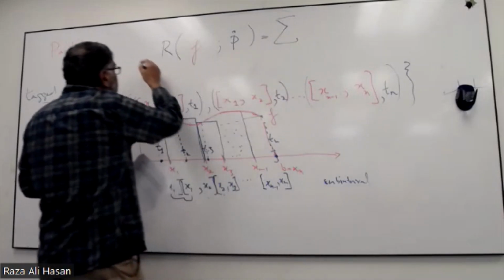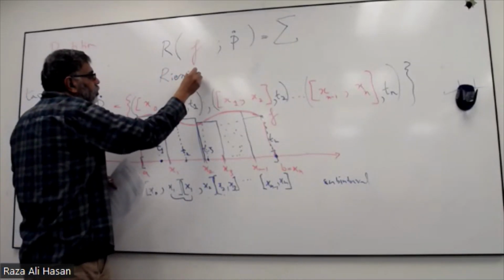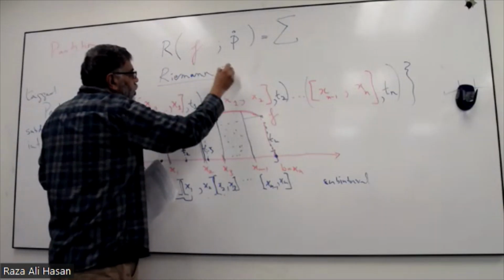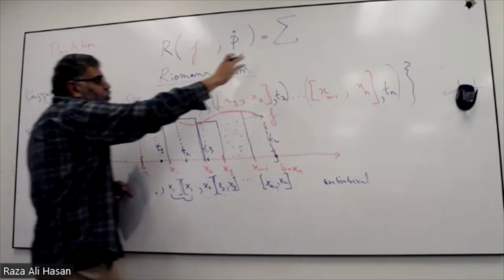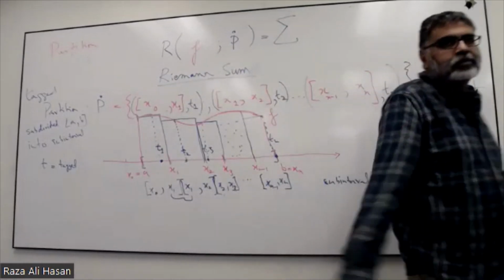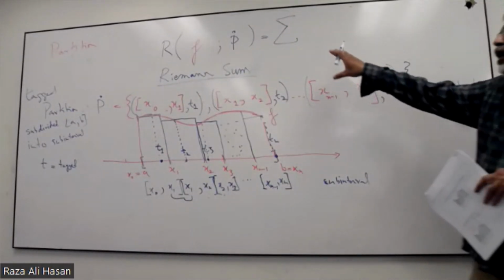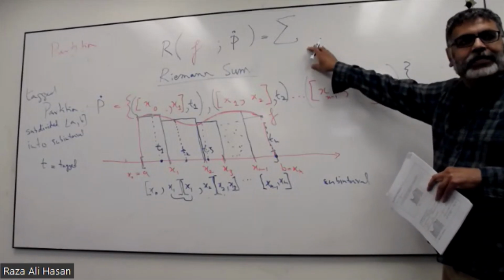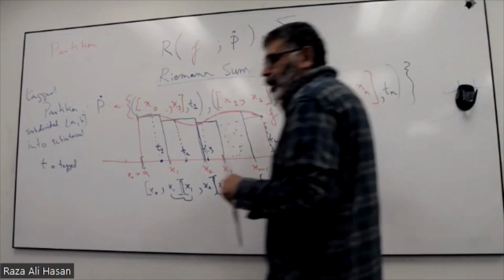So this is called the Riemann sum. This is a shorthand for what I'm going to write here, and we've seen that before: the approximate area under the curve.